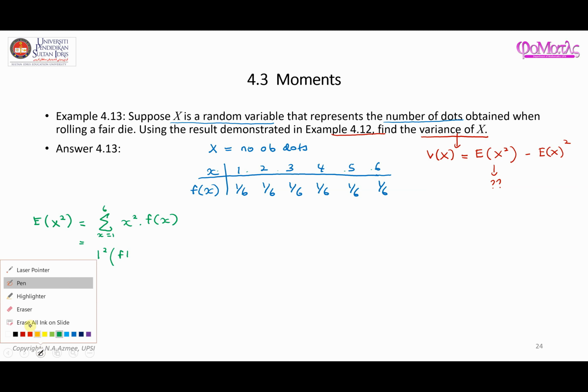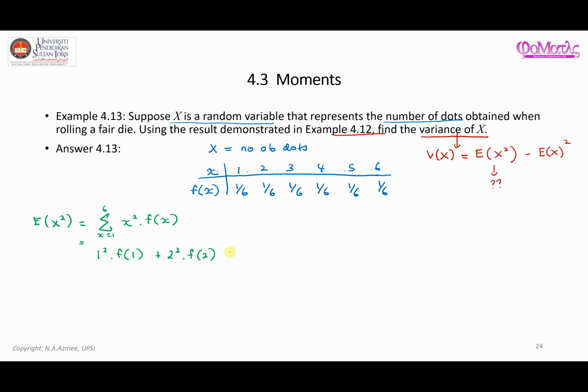We're going to have 1 squared times f(1) plus 2 squared times f(2) plus 3 squared times f(3), plus 4 squared times f(4) plus 5 squared times f(5), and so on.